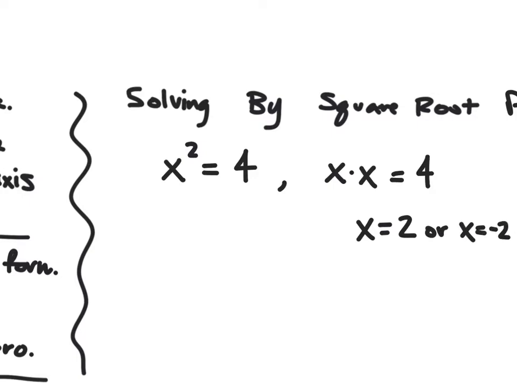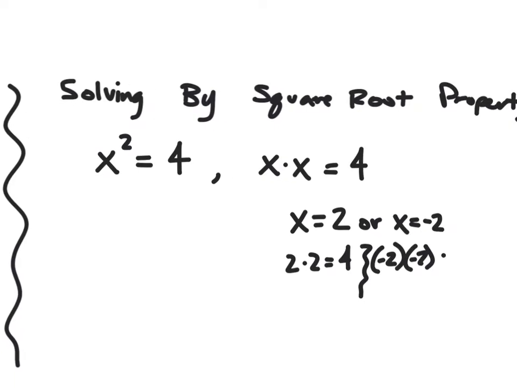If I do 2 times 2, I get 4, okay? Or if I did negative 2 times negative 2, that's going to give me 4, all right? So when I'm solving these equations here, that's something we have to consider.